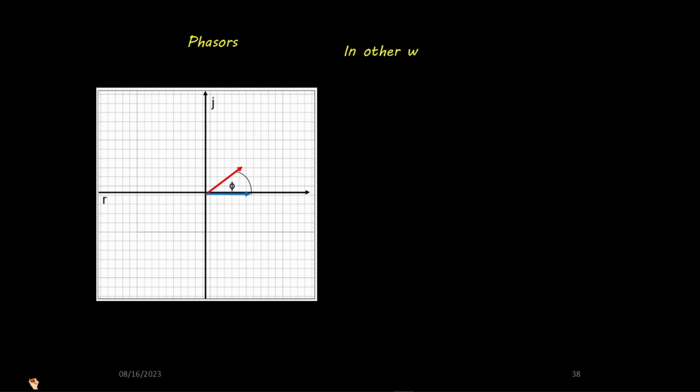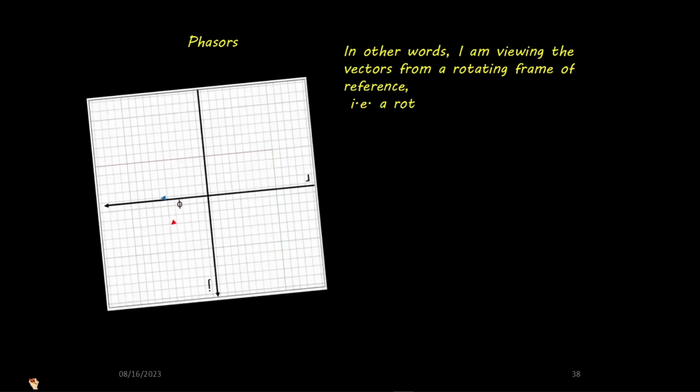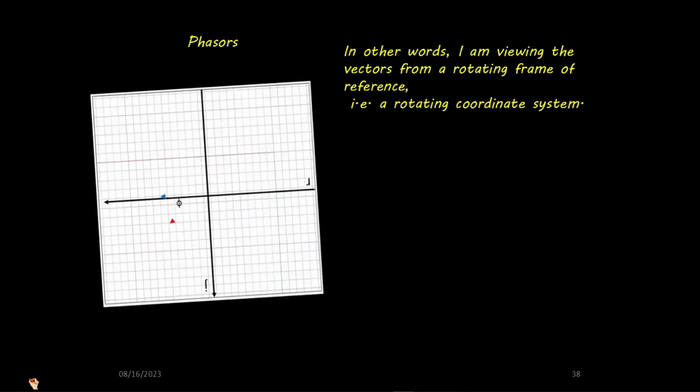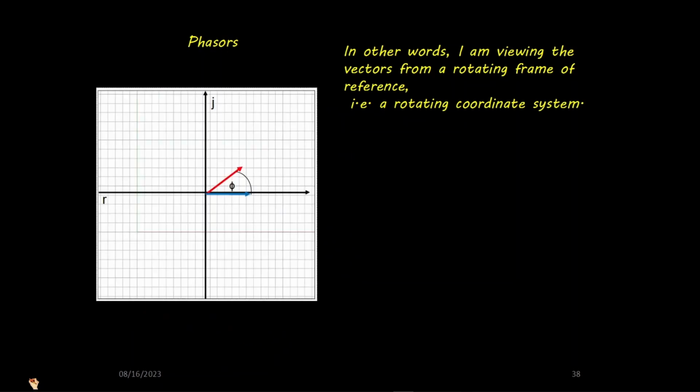In other words, I am viewing the vectors from a rotating frame of reference, i.e. a rotating coordinate system. This transforms the rotating vectors into stationary vectors.